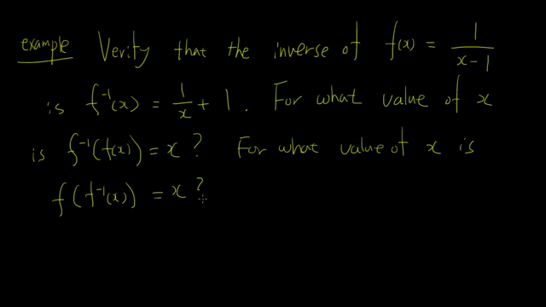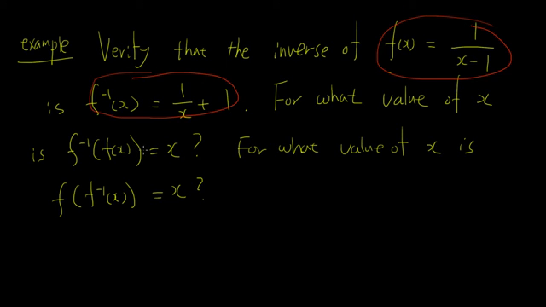All right. So we need to show that this and this are inverse to each other. And we also need to figure out for what value this is possible, right? For what value this is possible and for what value this is possible.